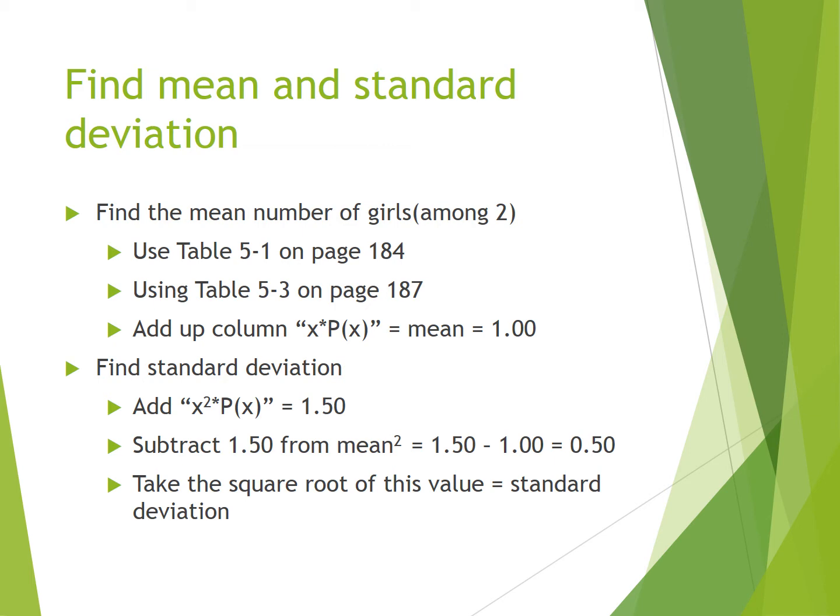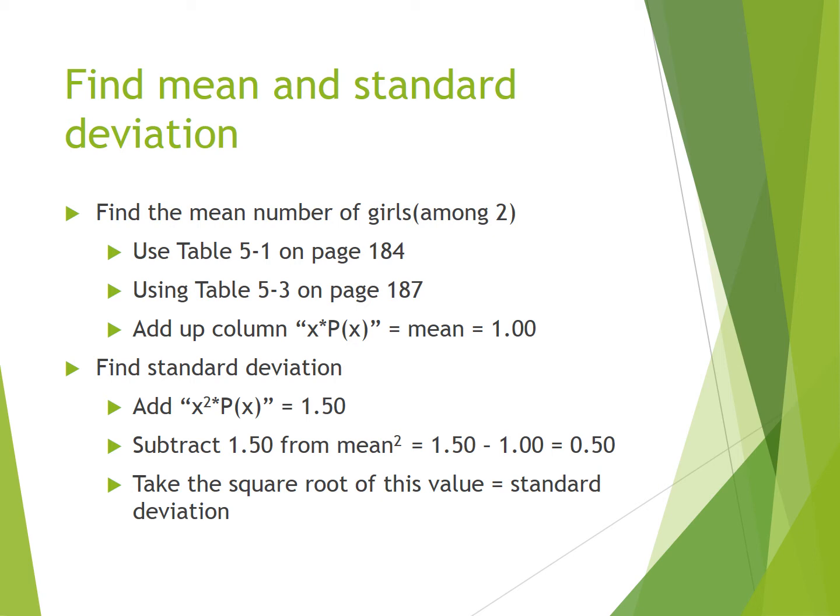Now to find the standard deviation, we square each of the x's. So 0 squared is still 0, 1 squared is 1, and 2 squared is 4. So instead of using table 5.3, I want you to set up another table. Your fourth column will be called x squared, and in that column goes 0, 1, 4.